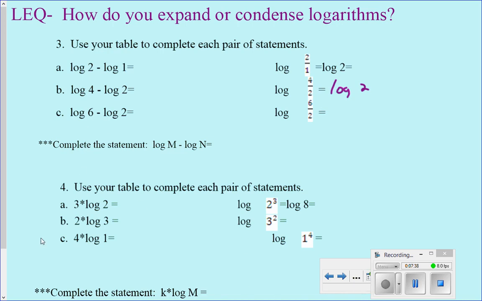And the log of 6 minus the log of 2 was the same thing as the log of 6 divided by 2, which is the log of 3. And so that should have helped you realize that we can complete the statement, the log of m minus the log of n is equal to the log of m divided by n.